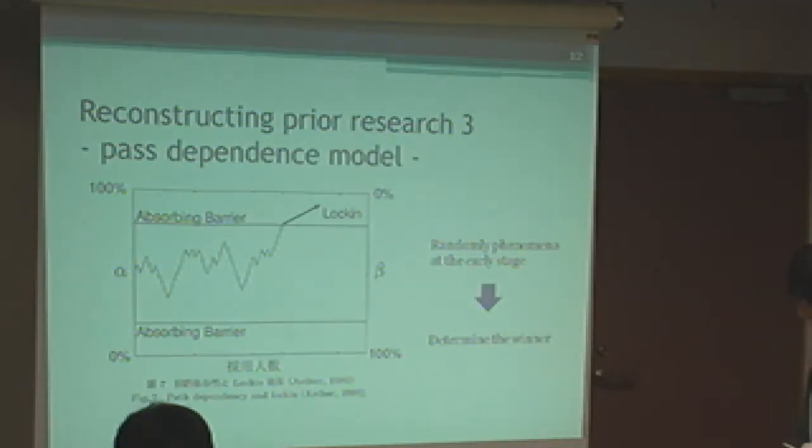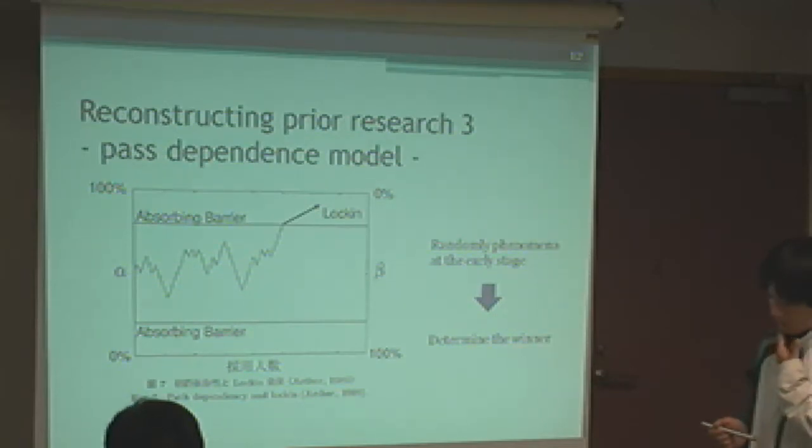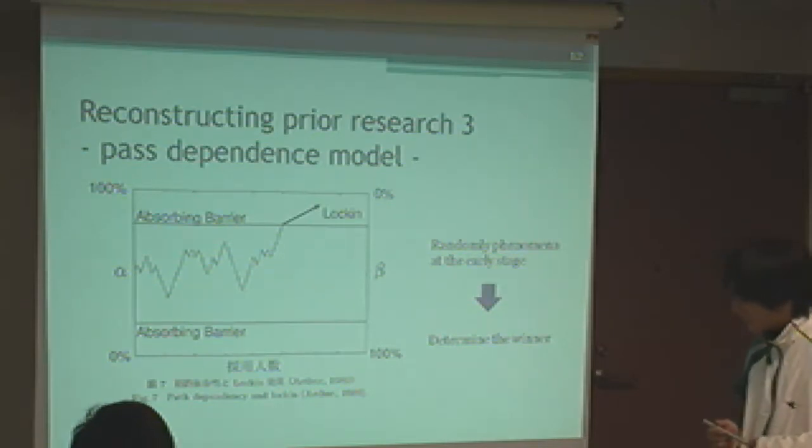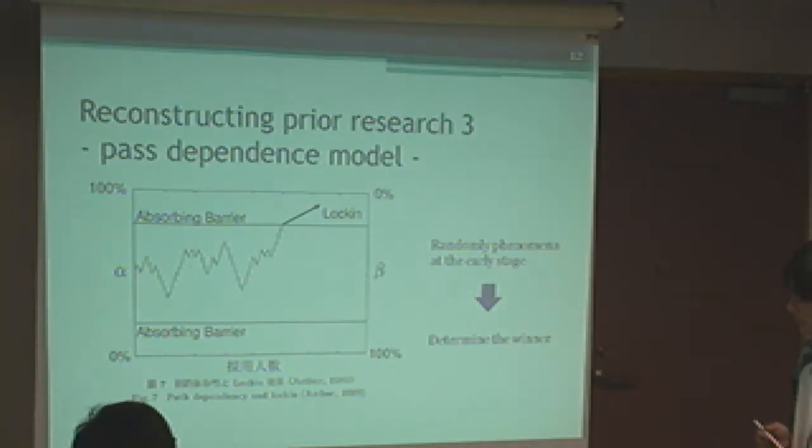Next, the path dependence model. This model describes when competitive products appear, like Blu-ray or HD DVD, which will win.